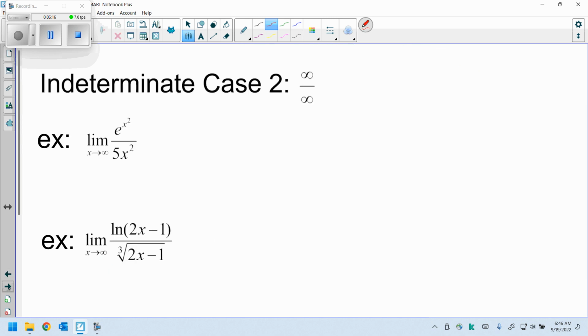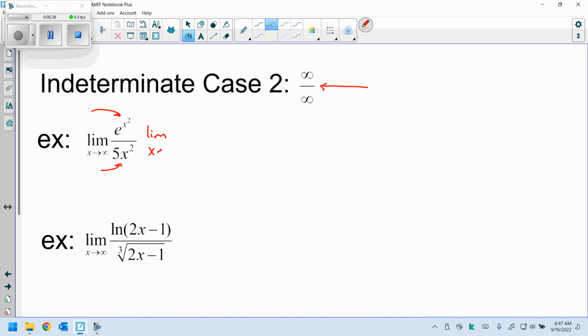Now, what if we can't determine the limit because it's some really big number over some really big number? If they're the same, well, I guess you get 1, but if they're not the same, what do you get? If I were to put infinity in place of these x's, I'm getting huge over huge.